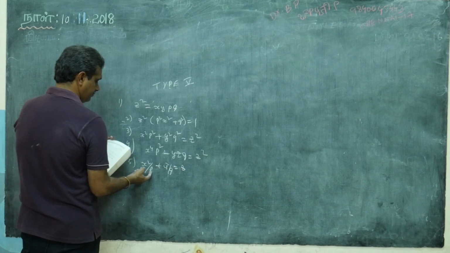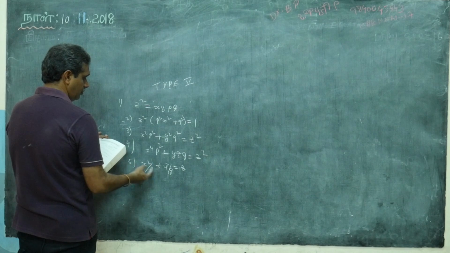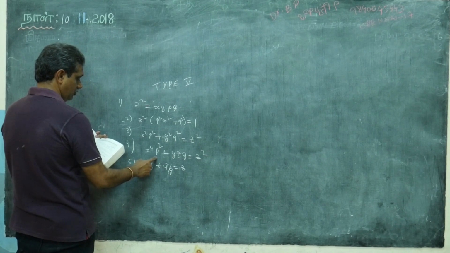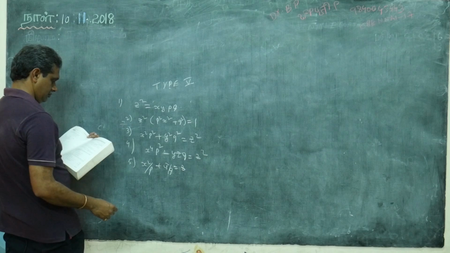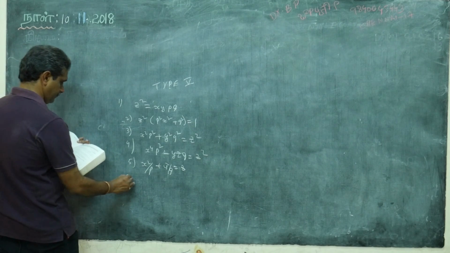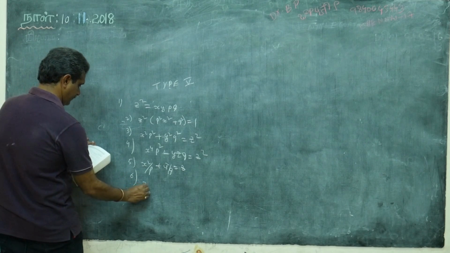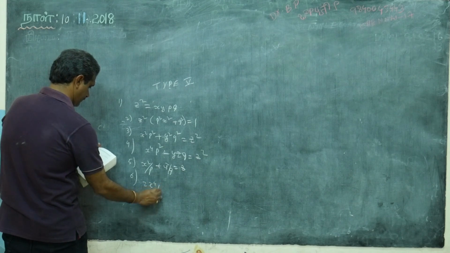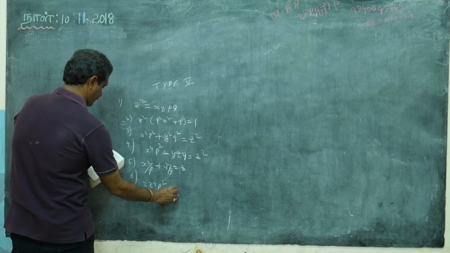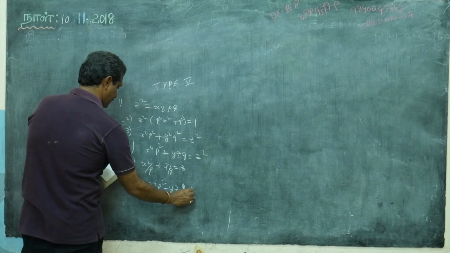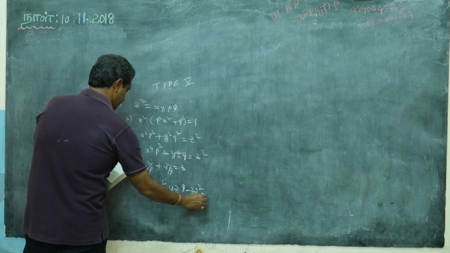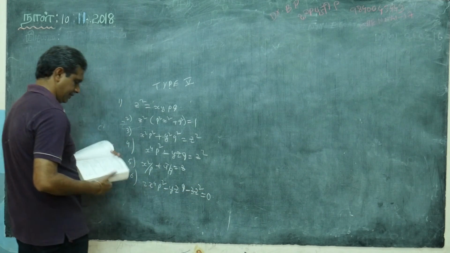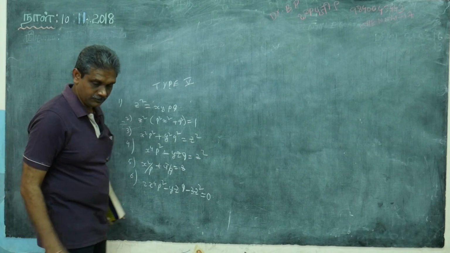So this all is p power minus 1 you can bring out. So whole power minus 1, x power minus 2, whole power minus 1 becomes. So try to do. Type 5. Then another type, type 6, we will go for later.